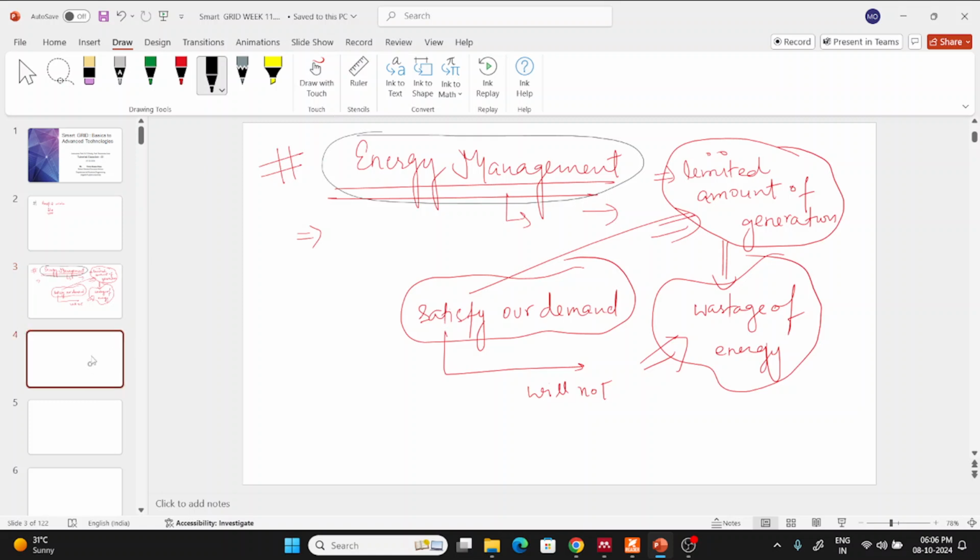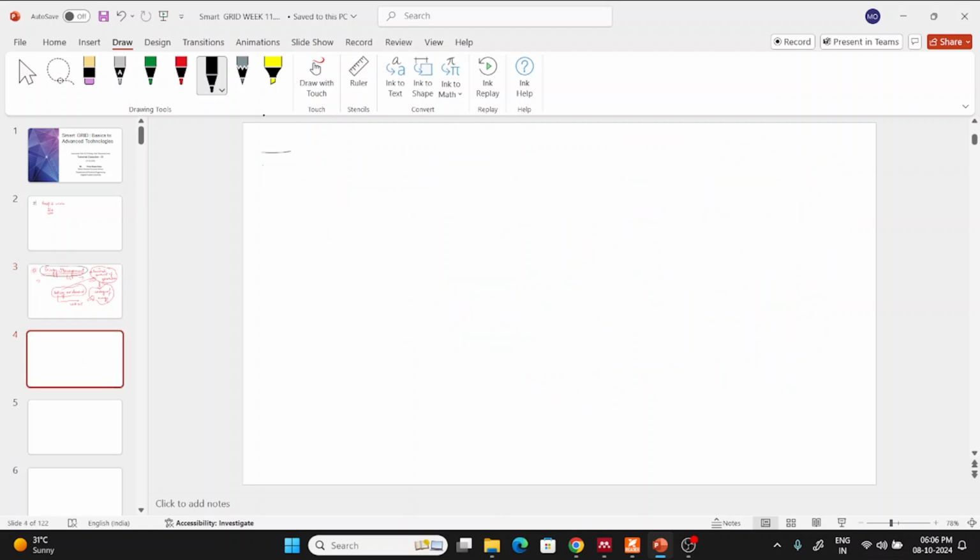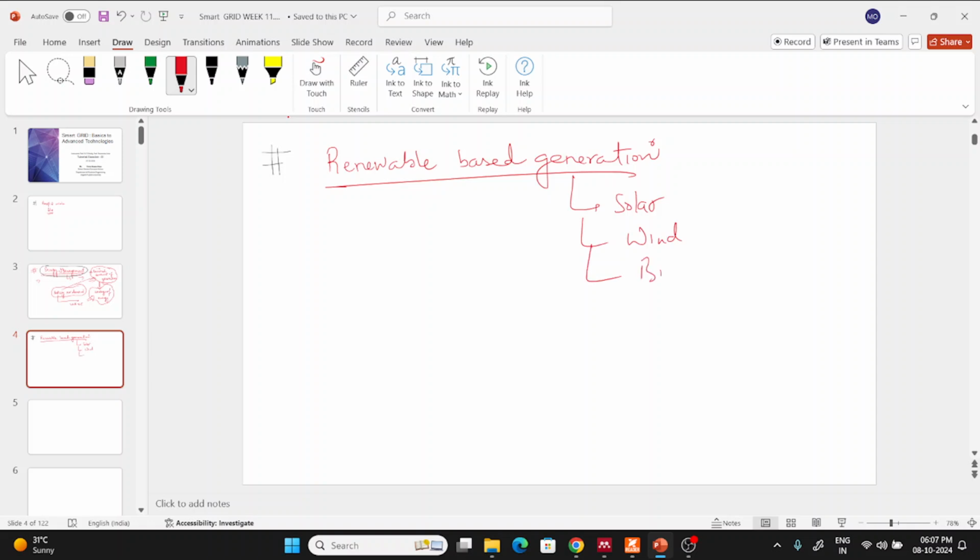Now, there is also a reason why energy management is important. Nowadays we are moving towards renewable based generation, for example solar, wind, biogas or biomass.